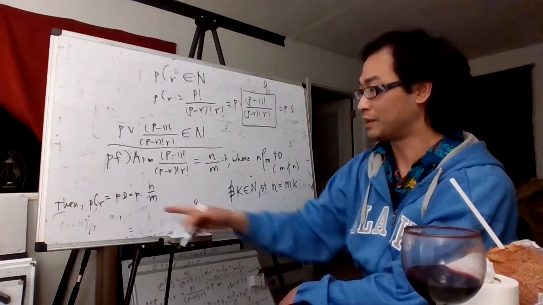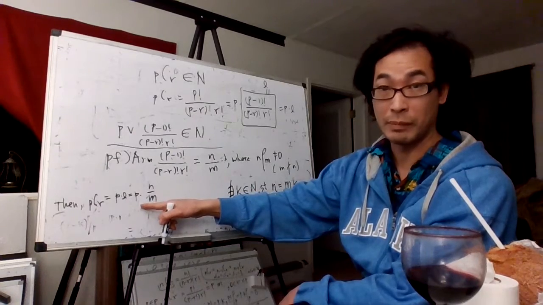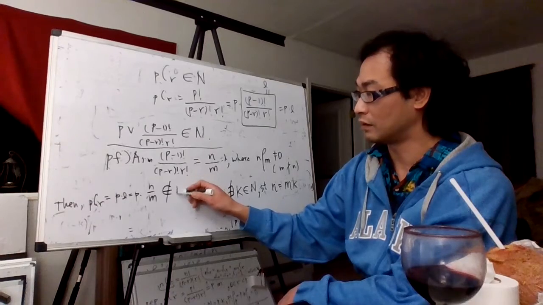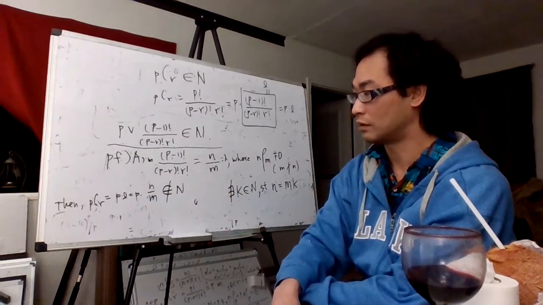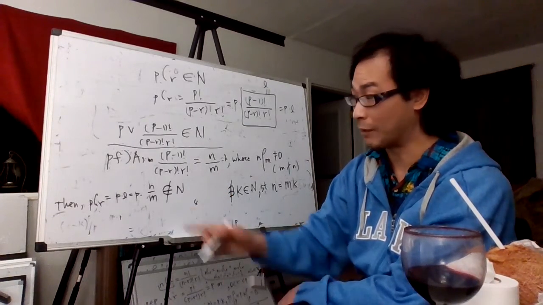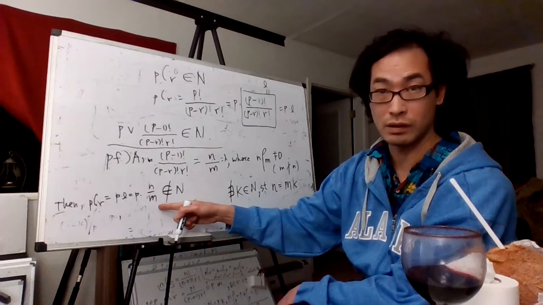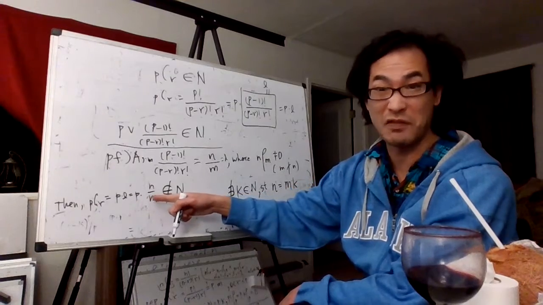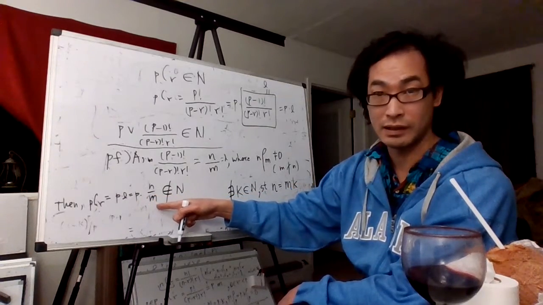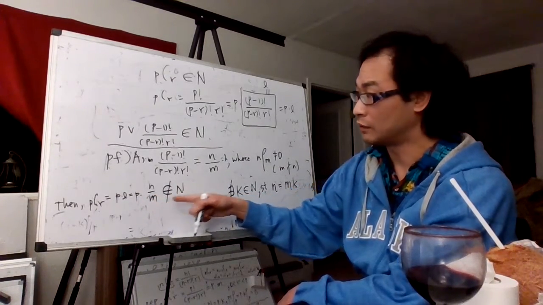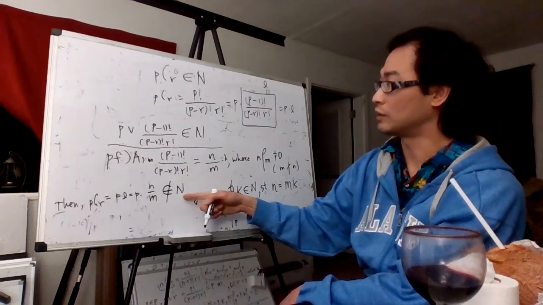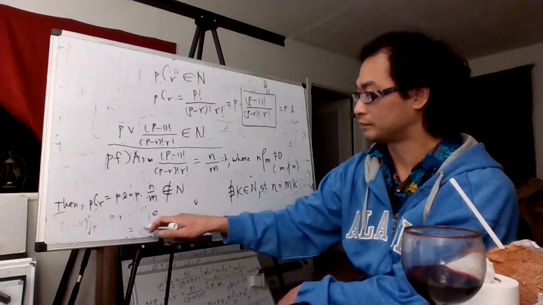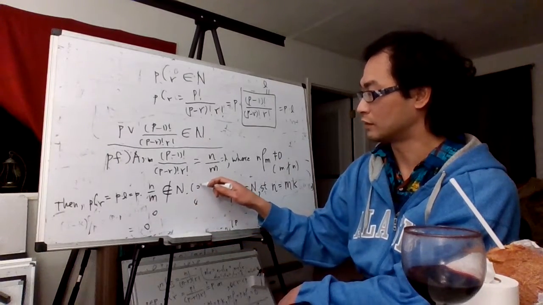Okay. But P is a prime number, right? By assumption. So this cannot be a natural number. So M cannot disappear because P is a prime number. It has no common factor with them other than one. So now we arrived at a contradiction here.